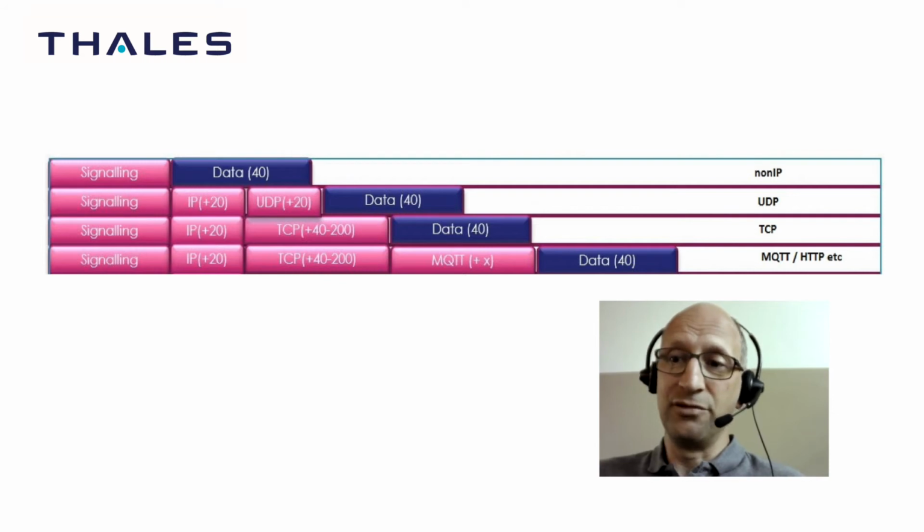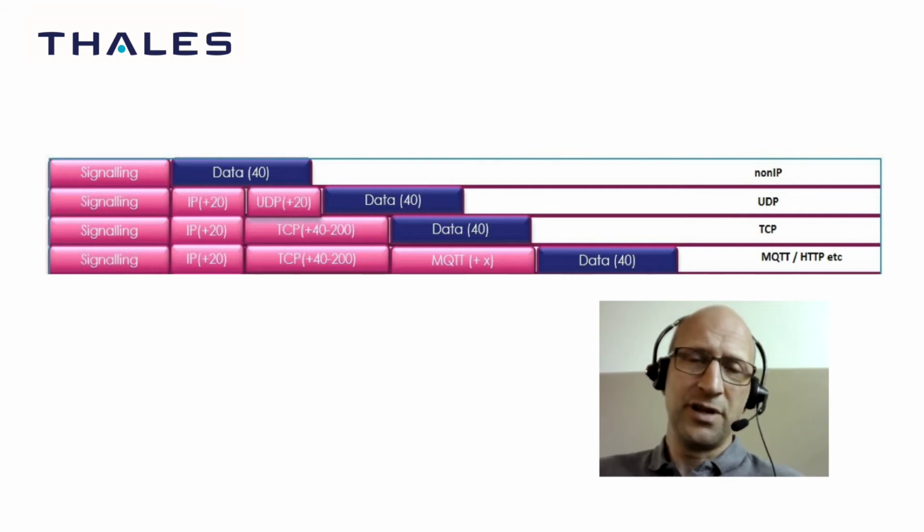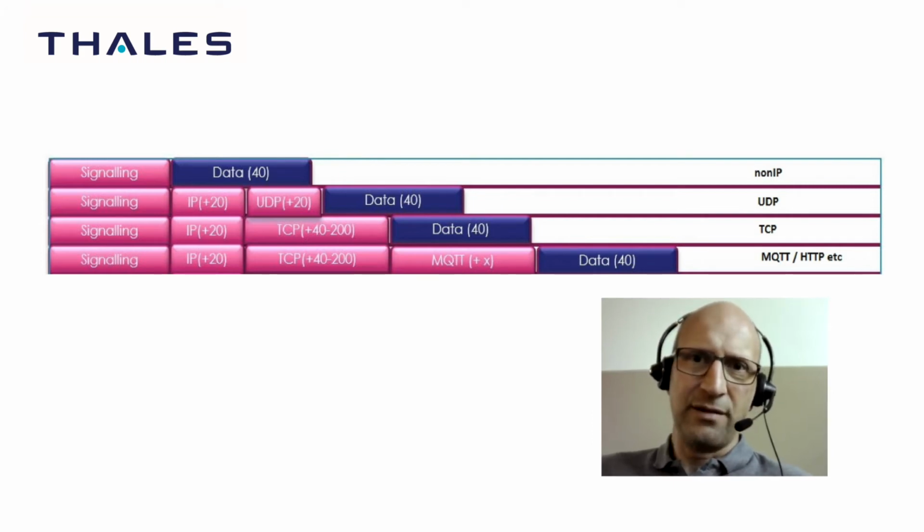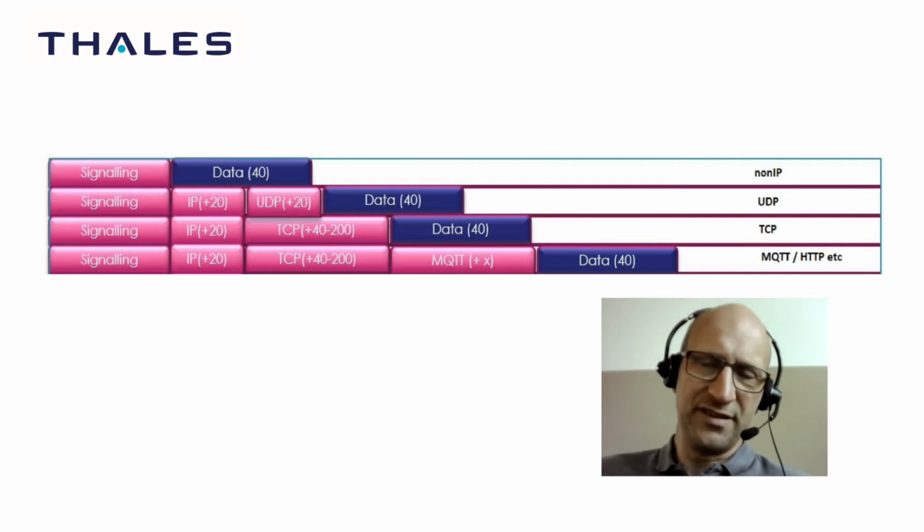For example, with the UDP protocol, I do not have the guarantee that the packet will reach its destination. It's not connection oriented. But TCP, for example, is a connection oriented protocol, and the protocol itself will take care that every packet will reach the destination. If one packet is lost, for example, it has to be resent. And then, of course, there are higher level protocols like MQTT or HTTP, which are on top of TCP.